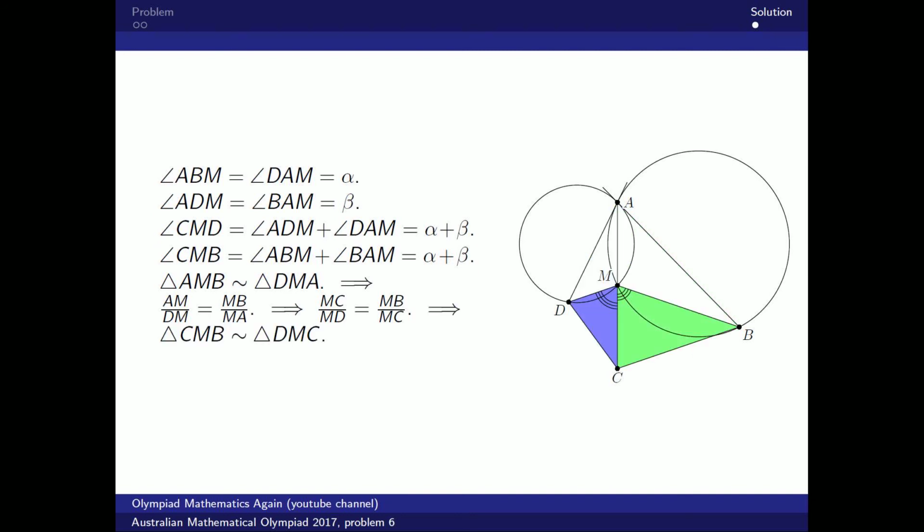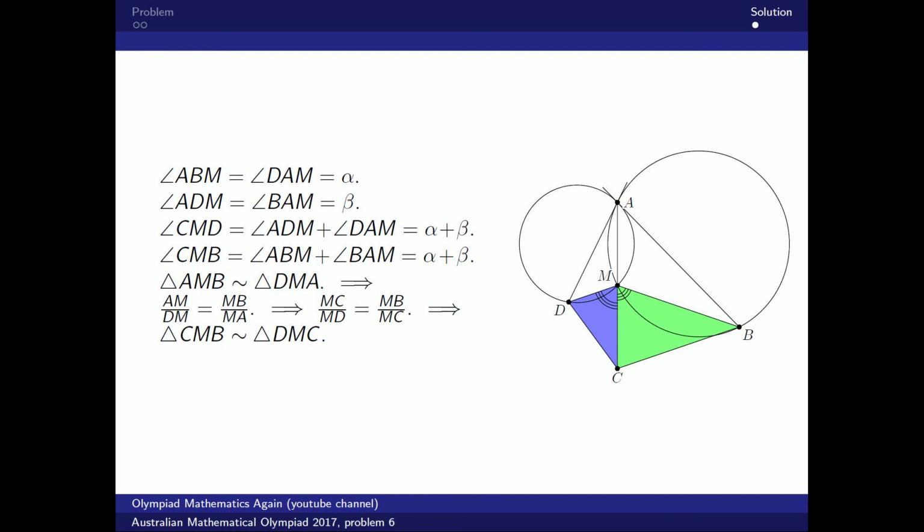So, from this we can conclude that the triangles CMB and DMC are similar to each other, because first we have this ratio of the pairs of sides, and then we have the angle between these two pairs of sides. The angle DMC is equal to CMB, as we established earlier, and it is equal to alpha plus beta.